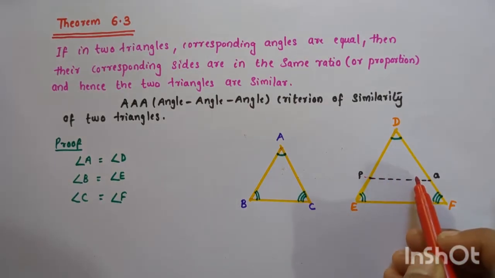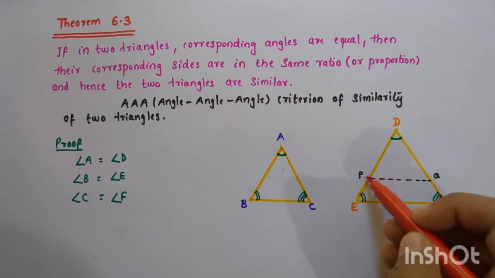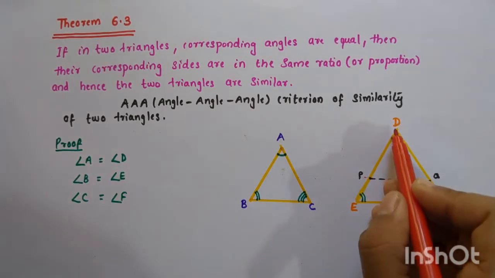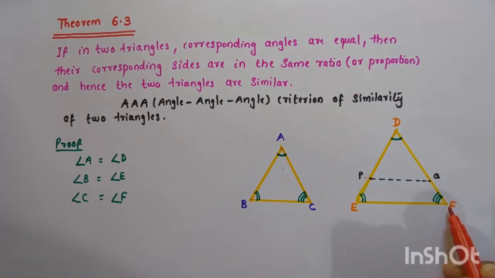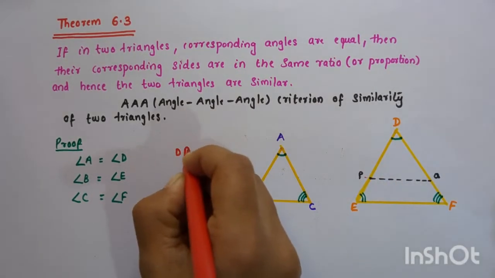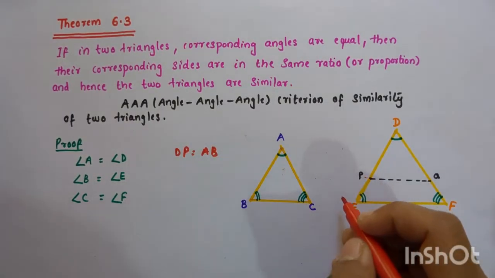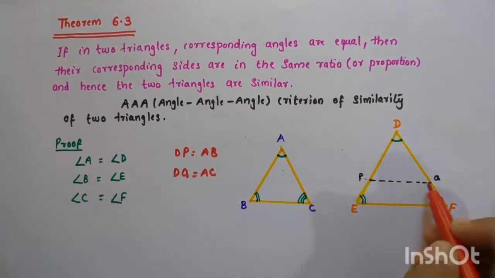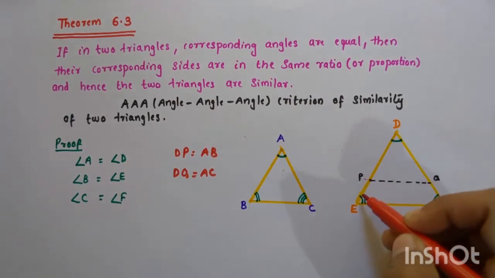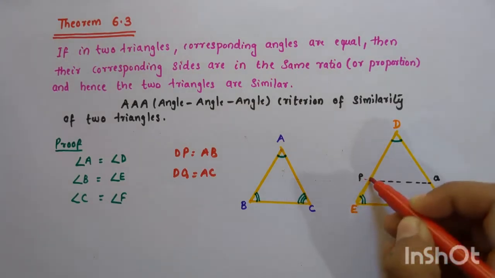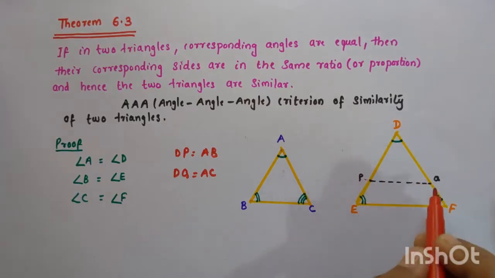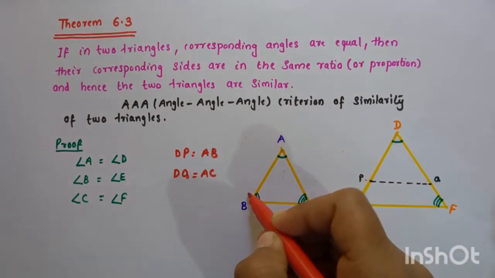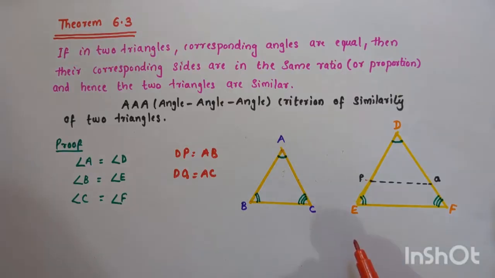This PQ divides the side DE into two parts, that is DP and PE, and it also divides the side DF of the triangle into two parts, that is DQ and QF, such that DP is equal to AB and DQ is equal to AC.